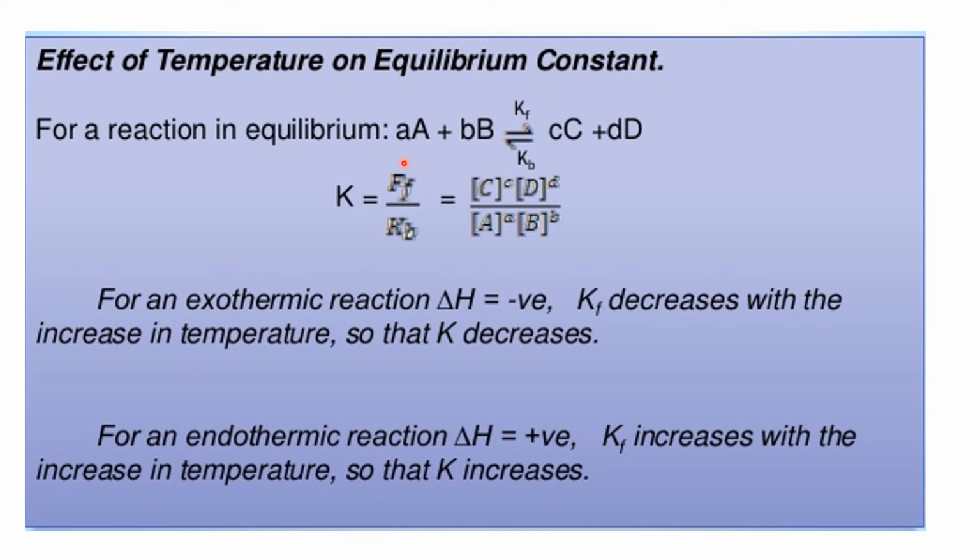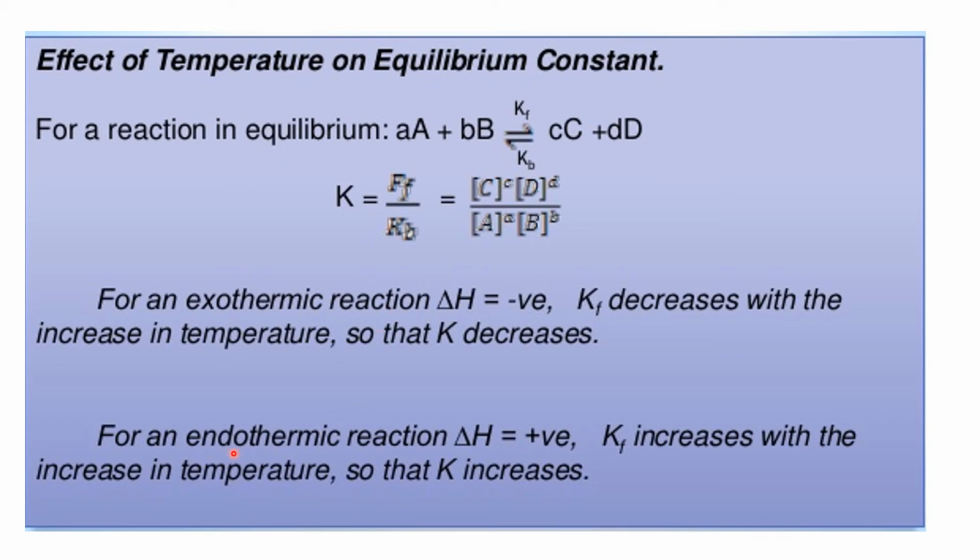See here, this Kf decreases with increase in temperature. So what happens? The K value will decrease. That means the equilibrium constant will decrease as the temperature increases if the forward reaction is exothermic.